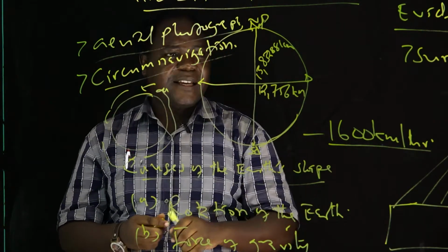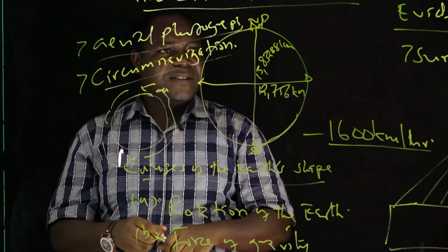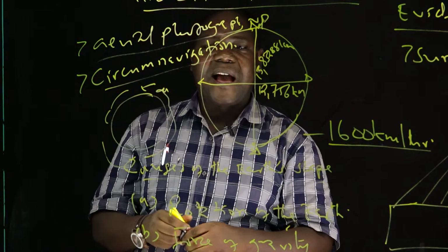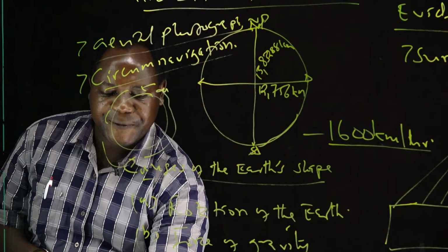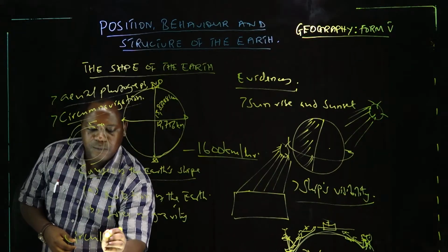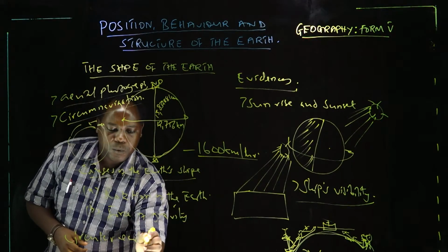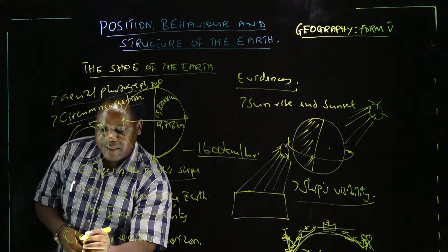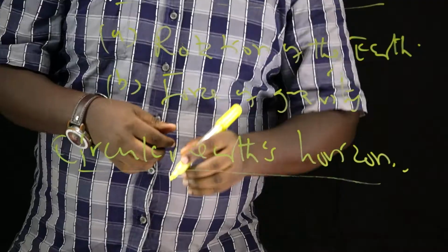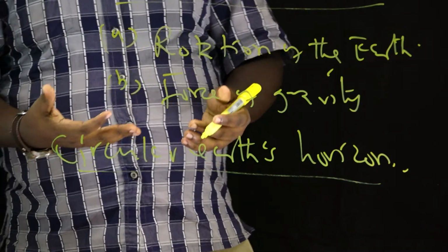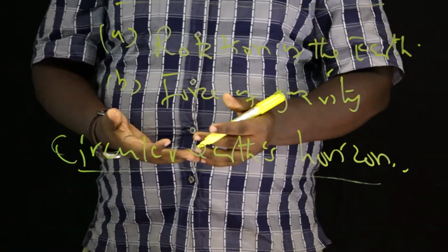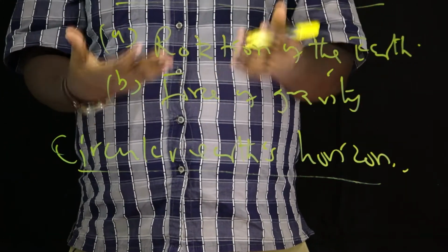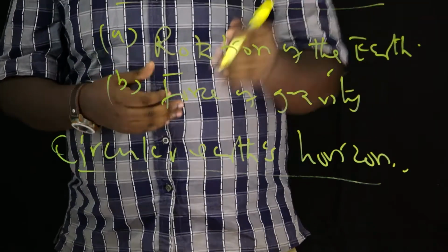And lastly, the last evidence is the circular earth's horizon. What is the horizon? It is the ability of you to see something yonder.